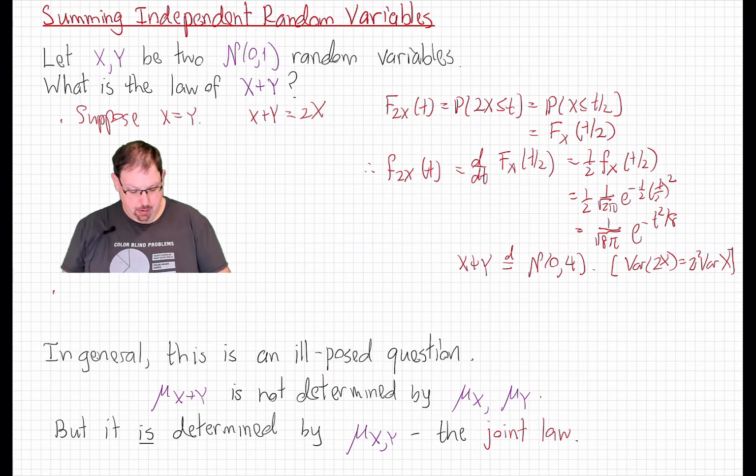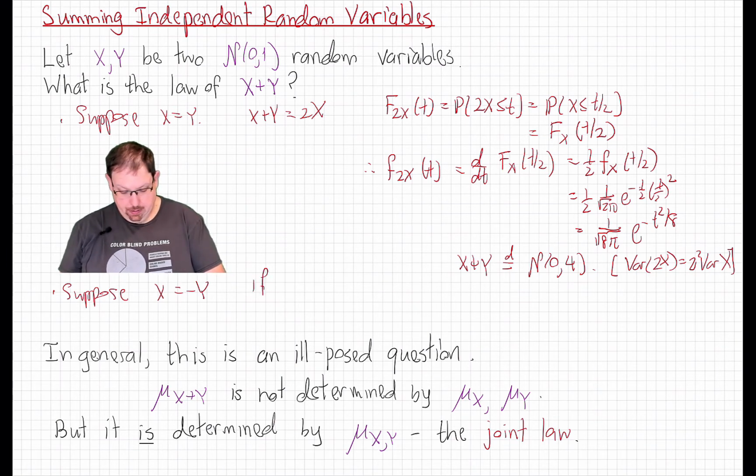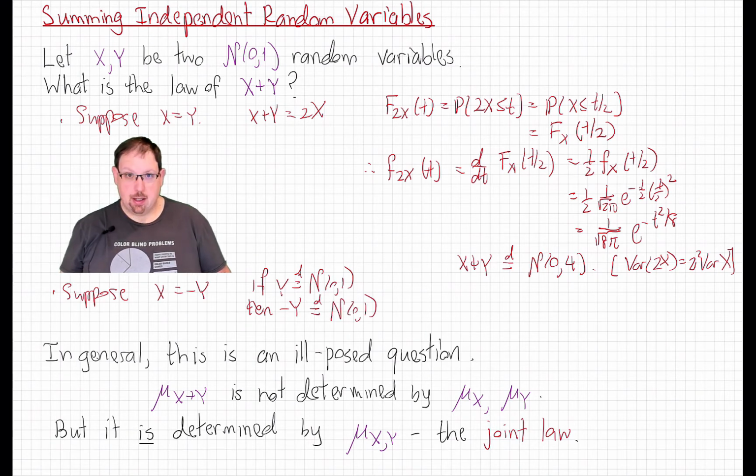What about if I take X equal to minus Y? Now, that's still two standard normals, because if Y is a standard normal, then minus Y is also a standard normal, and that's because the normal density is a symmetric function.